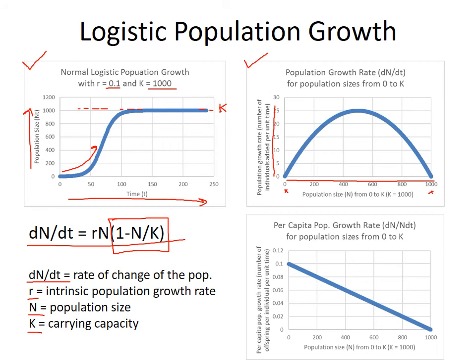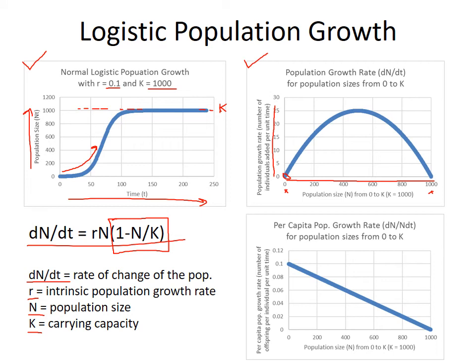So when the population is very small, close to zero, the population growth rate is close to zero as well, because the population growth rate is proportional to the population size. And so you can't have a fast-growing population if there isn't anything to build off of, right? So that's why population growth is zero when population size is zero.